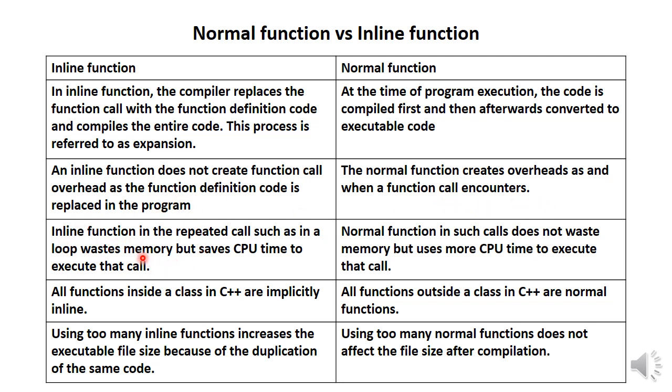An inline function called repeatedly, such as in a loop, wastes memory but saves the CPU time to execute that call. We can say that C++ inline functions enhance the execution time, or just increase the efficiency of a C++ program.